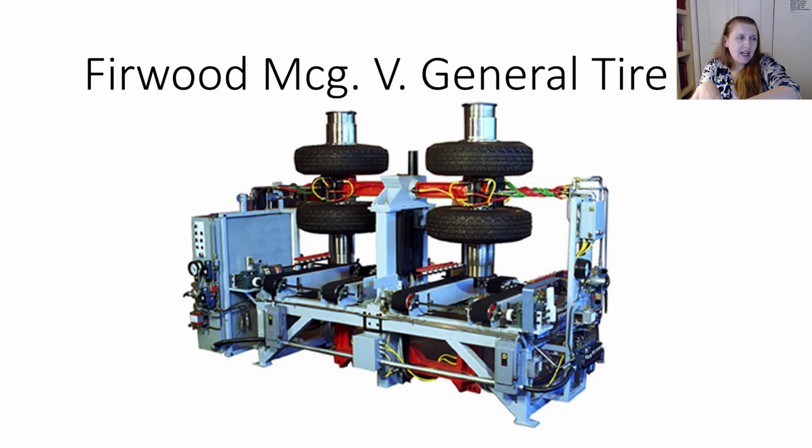So General Tire's basic defense here is that by swapping out parts on this machinery, the machines in question were not the ones in the original contract. They weren't the ones that were identified in the contract between Furwood and General Tire. And because of that, they shouldn't count.